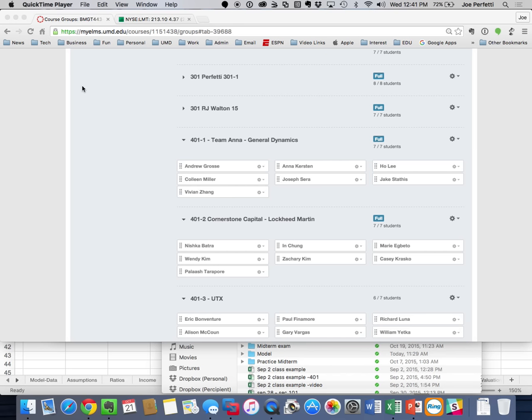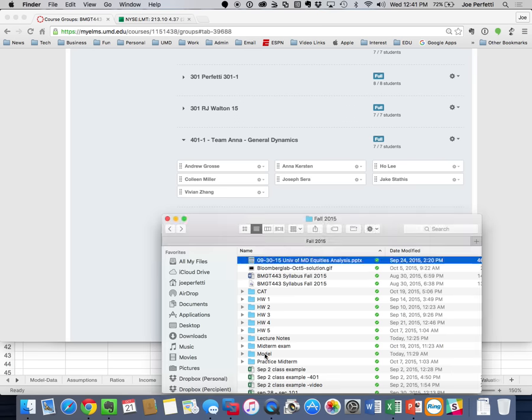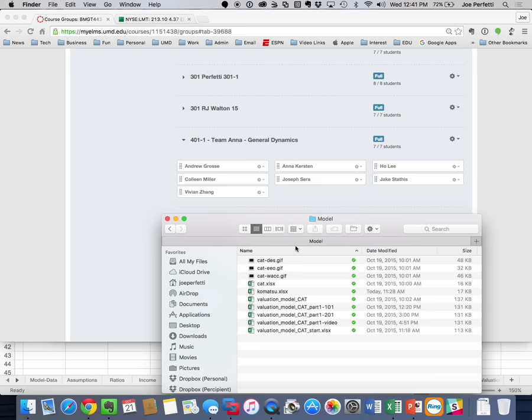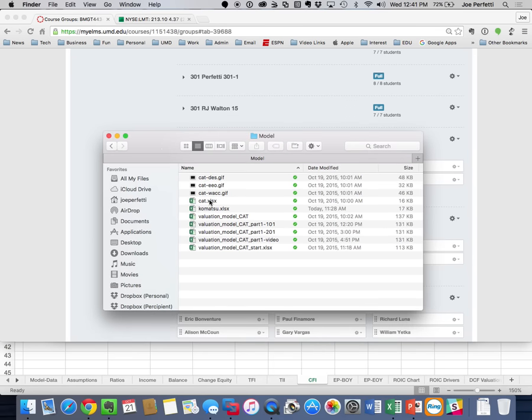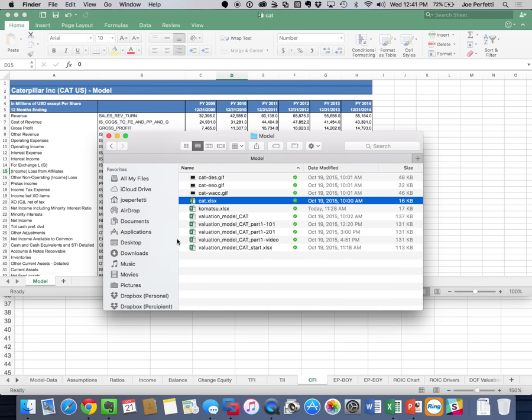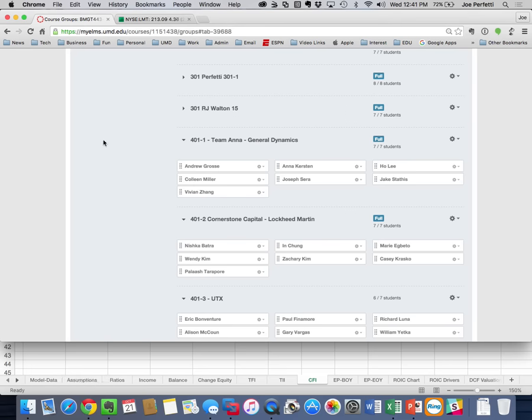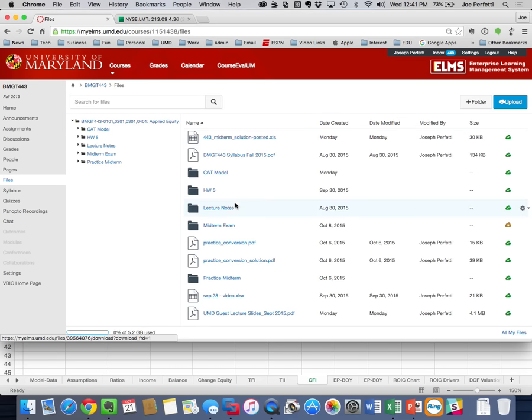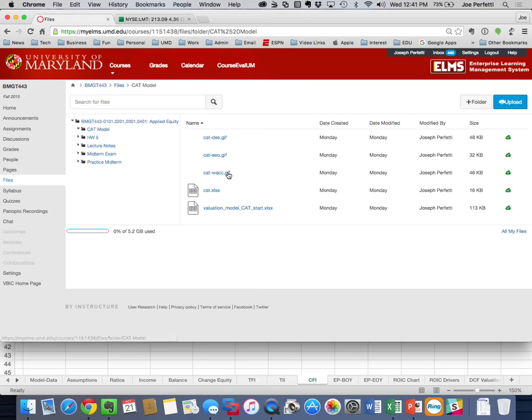Okay? The other half of Homework 7 involves Bloomberg. I had mentioned this in class on Monday. I have it here on my desktop, but basically there's a file called cat.xlsx, and you can find it in the Files section of Elms under the folder called cat model.